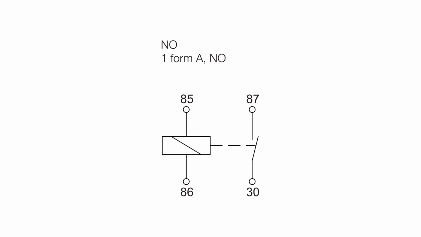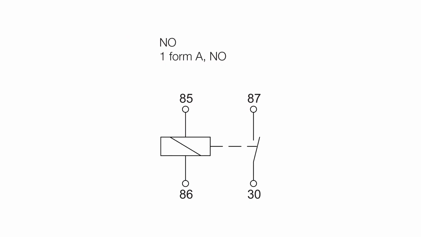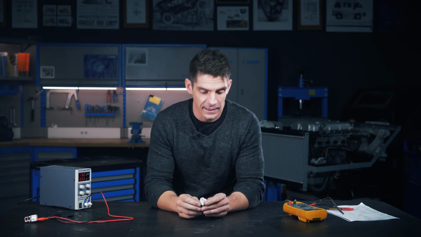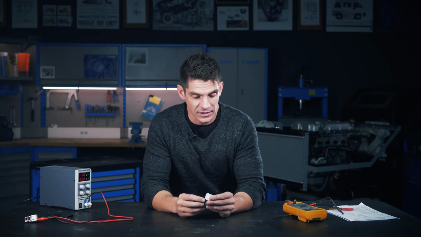So I think we've got 85 and 86 at the coil side, 30 is the common, and 87 is the switched high current terminal. But you can look them up in that standard, if I've remembered the number of the standard. Interesting standard there. It's a German standard, but used internationally.